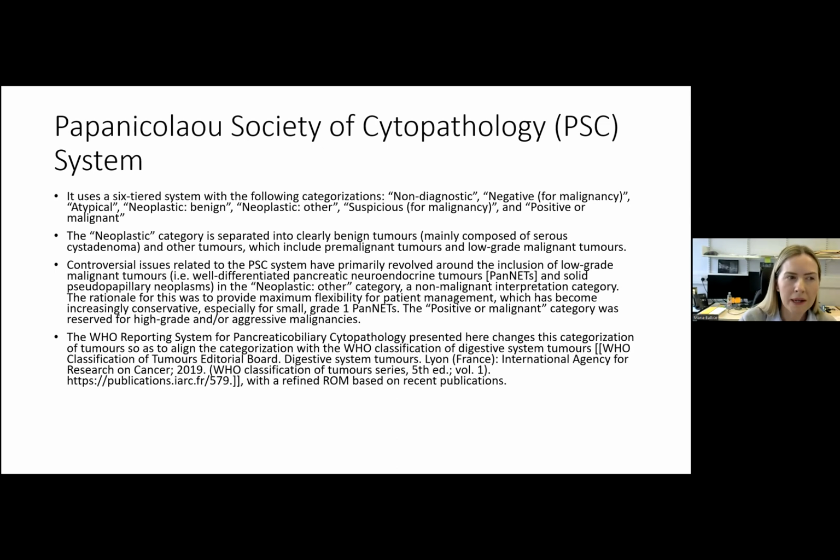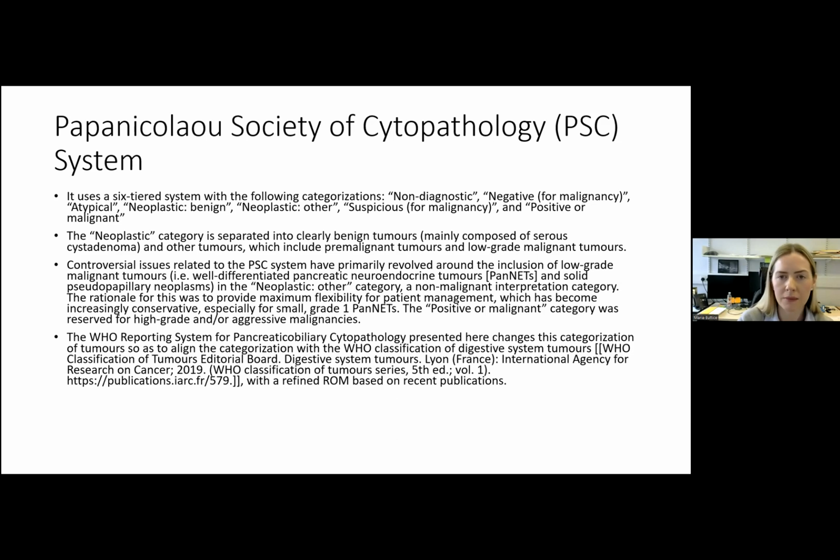In the Papanicolaou classification, neoplastic other encompasses a wide spectrum of low-grade malignant tumours, including neuroendocrine tumours and solid pseudopapillary tumours. Now, those two tumours have been removed from the neoplastic other category and placed under the malignant category to align with the histology reporting.